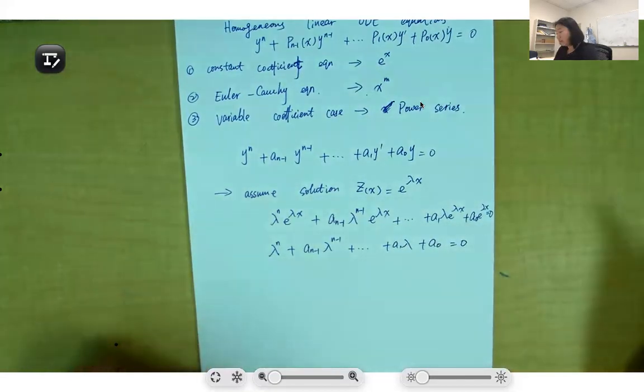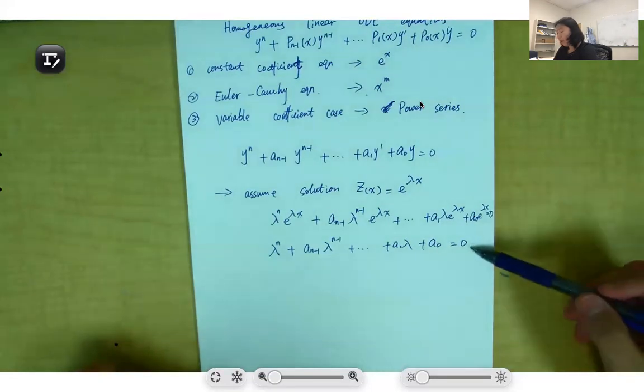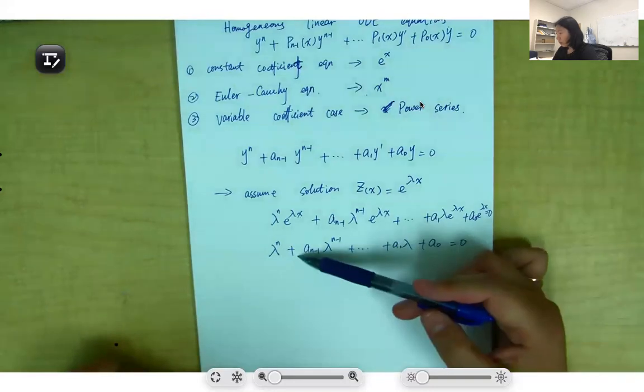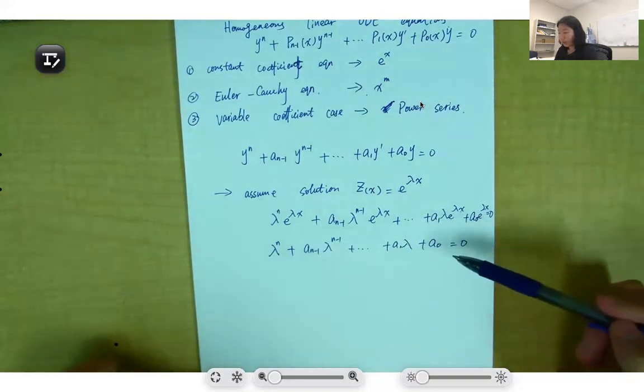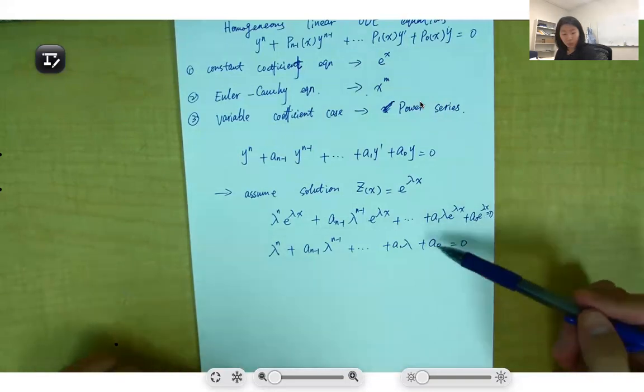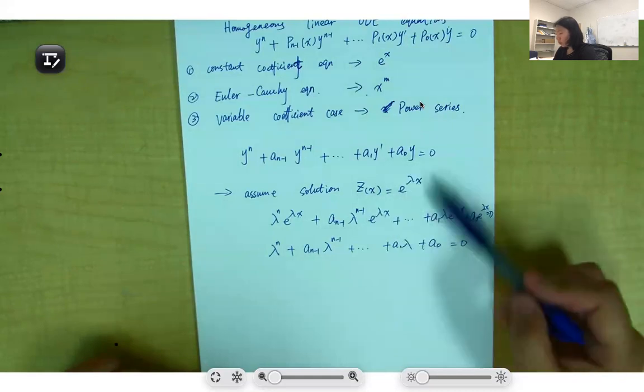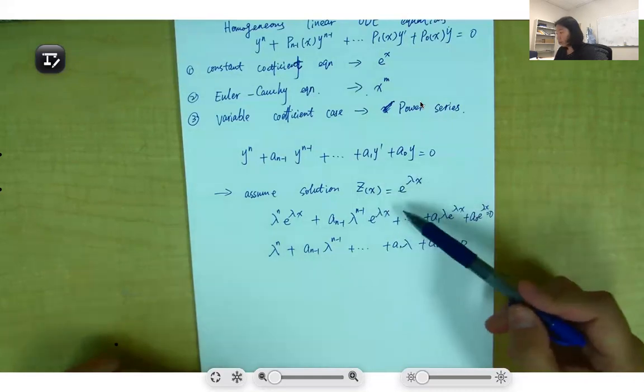So now the equation looks like a polynomial of lambda. In order to get the final solutions, you basically just need to solve this polynomial equation to get the roots of lambda. Then you can get your homogeneous solutions.